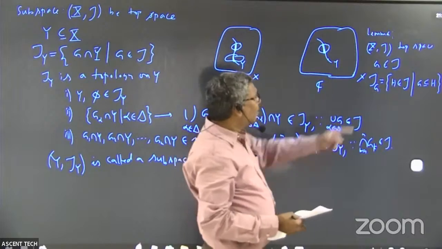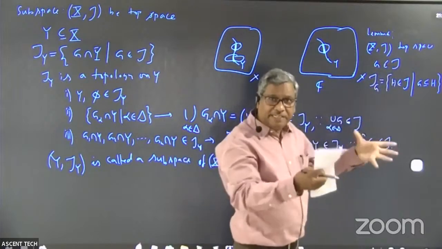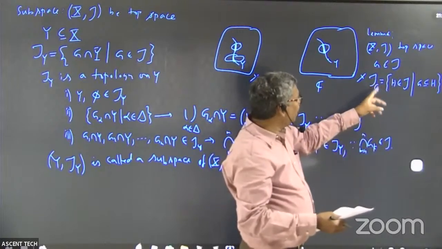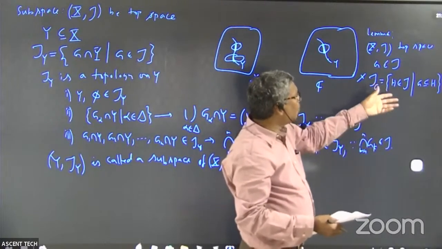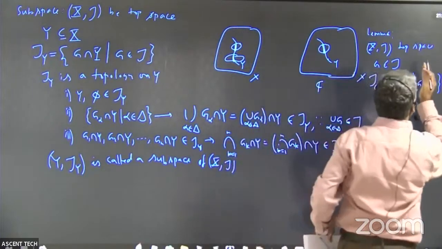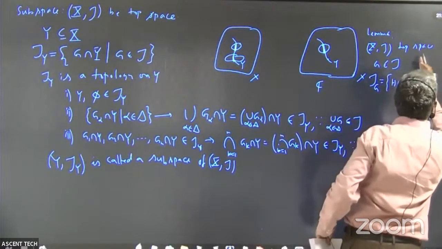Whereas if G is in T, it has some interior in it. G is an open set. Then T_G becomes all the open sets of T which are contained in G. I said it wrong.